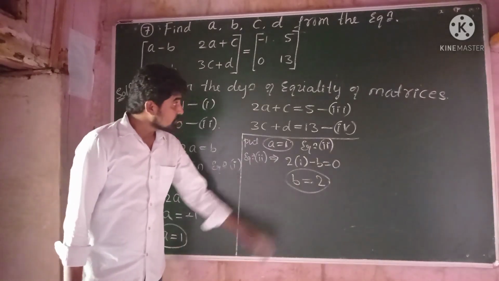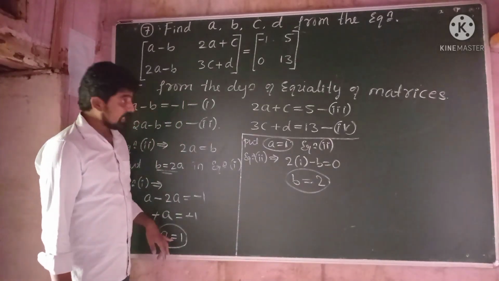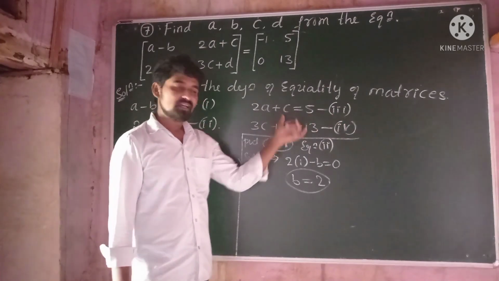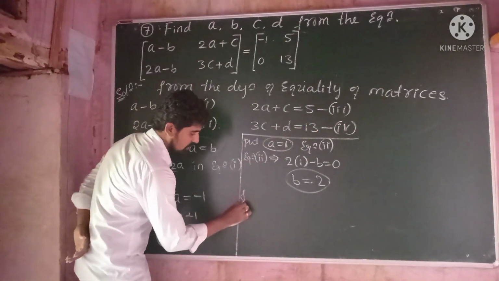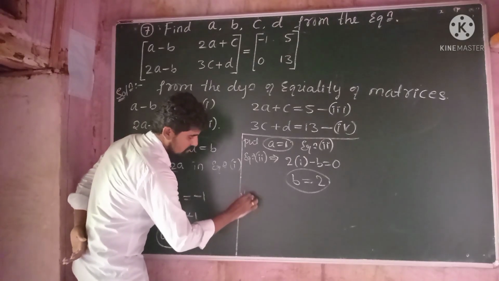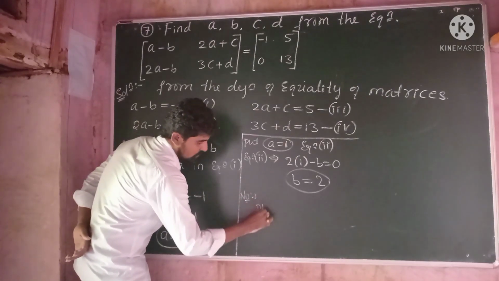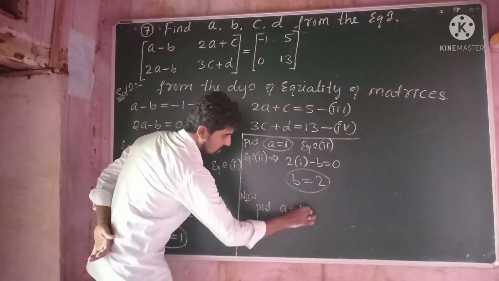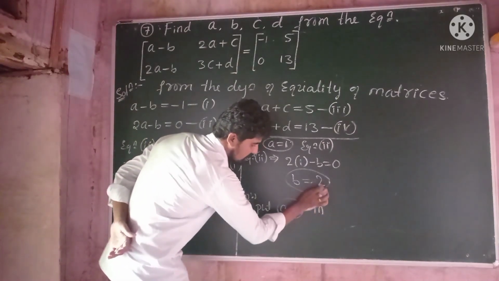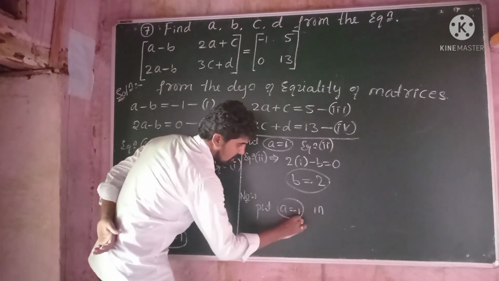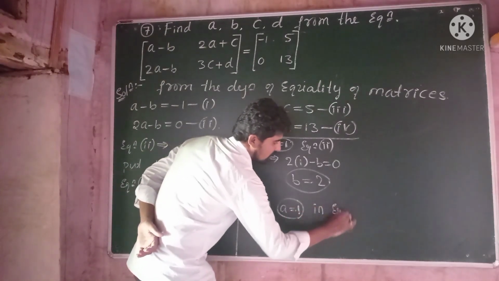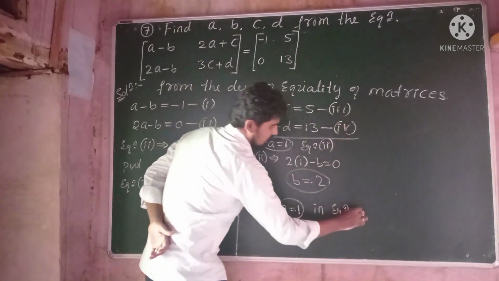Now, substitute the value of A in equation 3. We get the value of C. So what is the next step? Now, put A equal to 1 in equation 3.